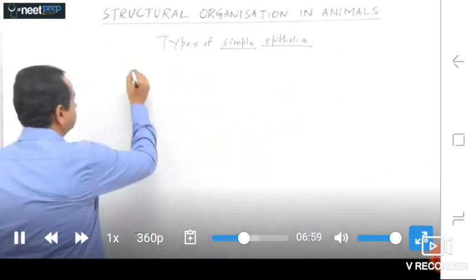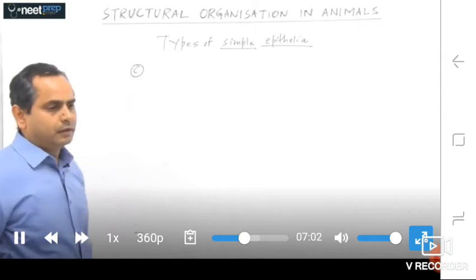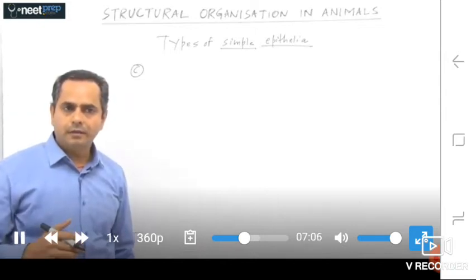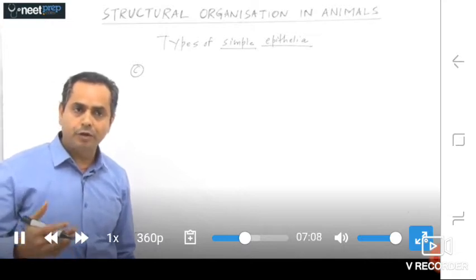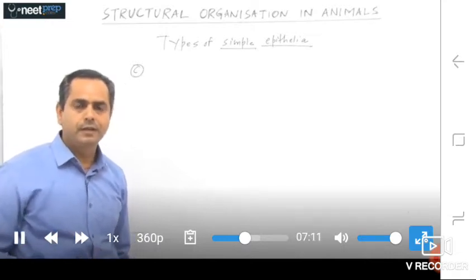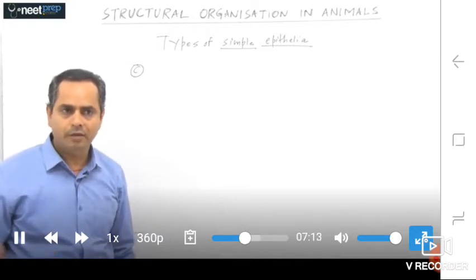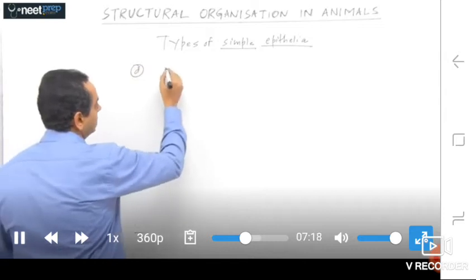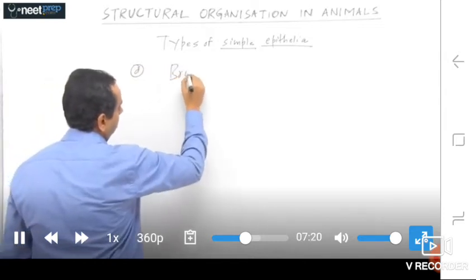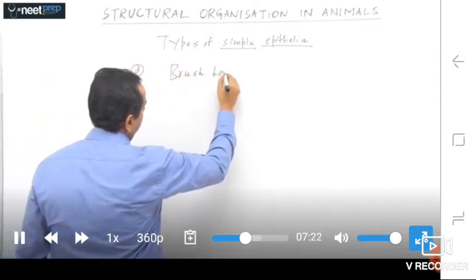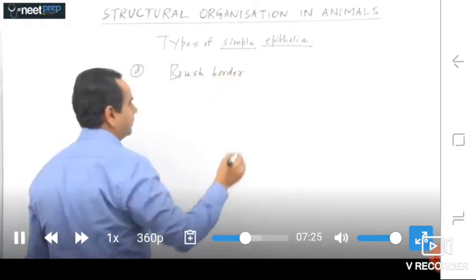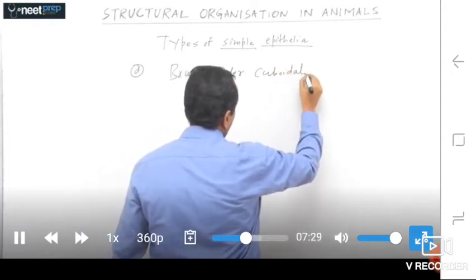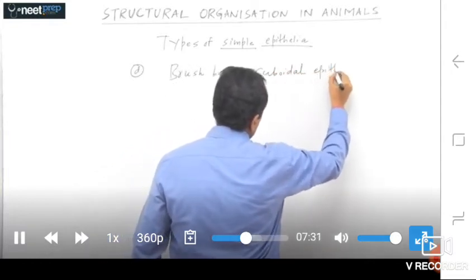Third type, or we can say it is the second type of modification of simple cuboidal epithelia, or we can say it is part D overall, and that is brush border cuboidal epithelia.